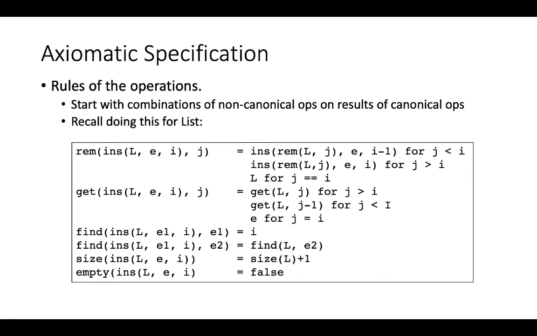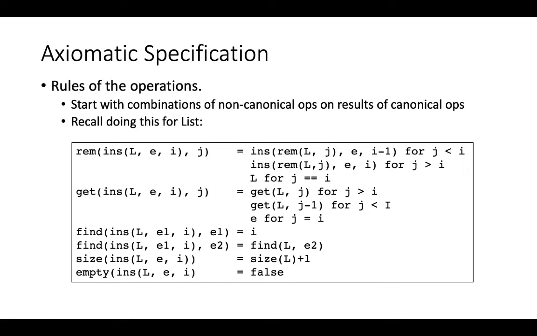The canonical operation is insert, INS, inserting into list L element E at position I, and then the non-canonical operation on top of that was removing some index J. We could reduce that combination into a different expression of that result.